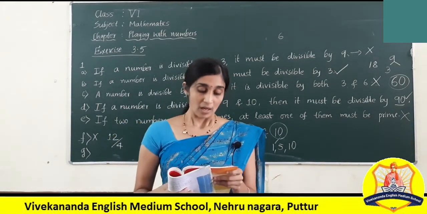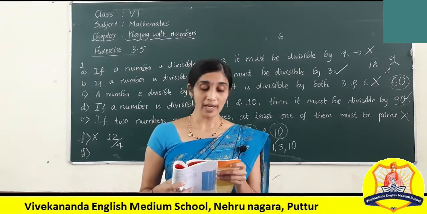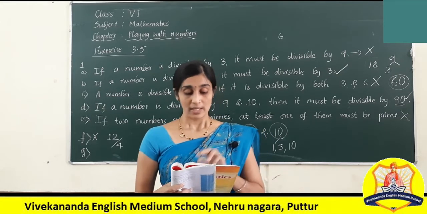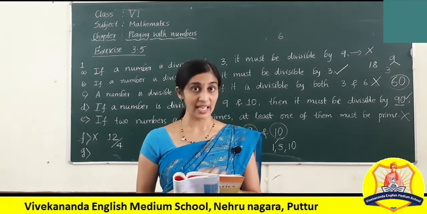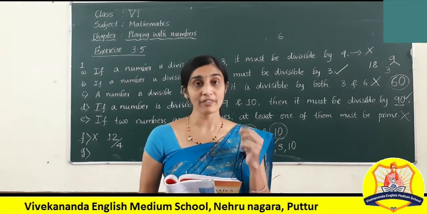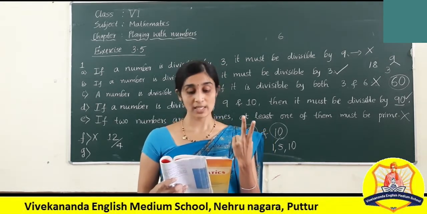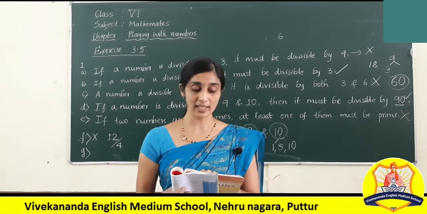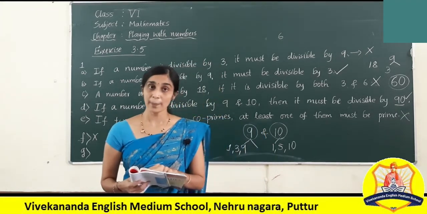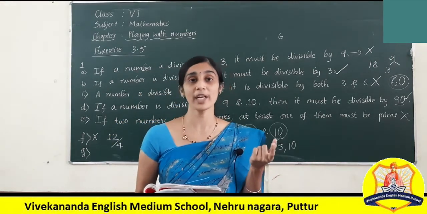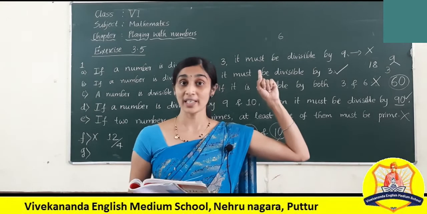Next, H. If a number exactly divides two numbers separately, it must exactly divide their sum. This statement is a tricky, twisted statement of the divisibility rule.